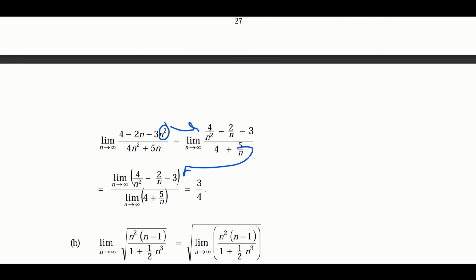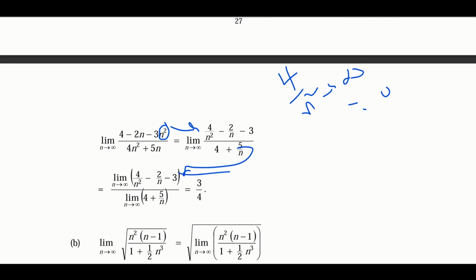Now, when you take the numerator alone, if you let n approach infinity, then 4 over n squared as n approaches infinity will be equal to 0. It's the same thing for minus 2 over n. As n approaches infinity, it will be equal to 0.